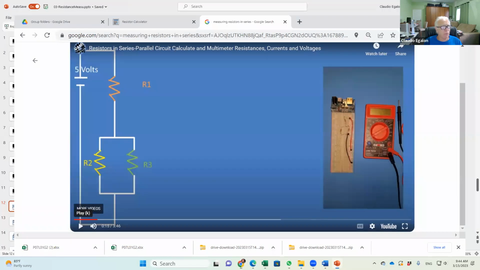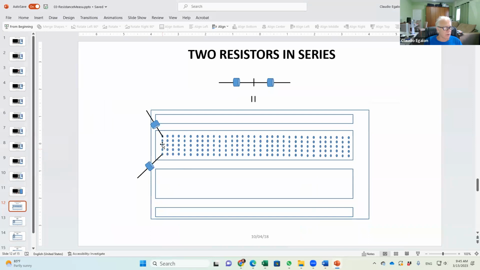Okay, and if you want to connect the resistors in series, you put each lead of them in the same row or the same column that you see here. That's another way of connecting the resistors in series.